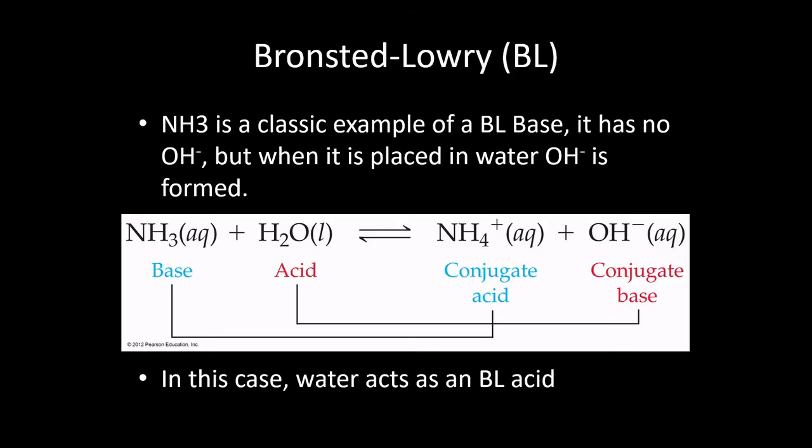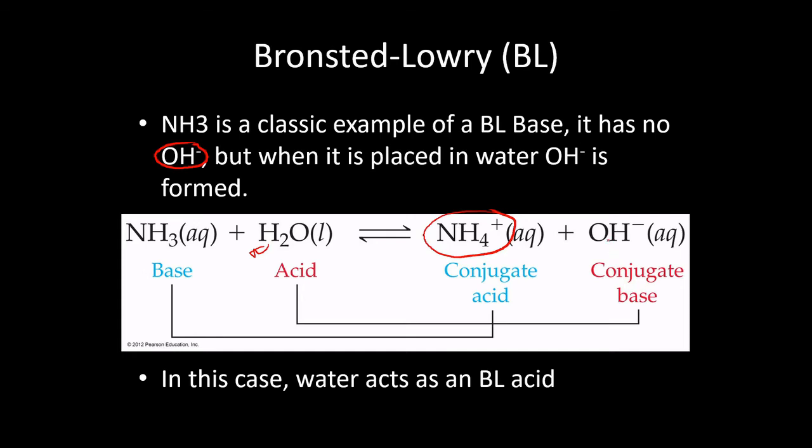So if we look at that Bronsted-Lowry definition again, for example, in reference to ammonia, NH3 is a classic example of a Bronsted-Lowry base. It has no OH- in its structure, but when you put it into water, some of the ammonia molecules, not all of them, will pull an H+ off of the water to form ammonium, which then leaves OH- in solution.